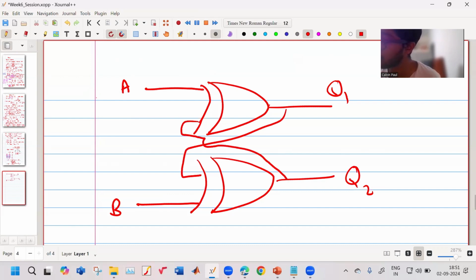This output is coming from here. Suppose my A is 1, B is 0. And let us say this had some value Q1 previous. This had some value Q2 previous.